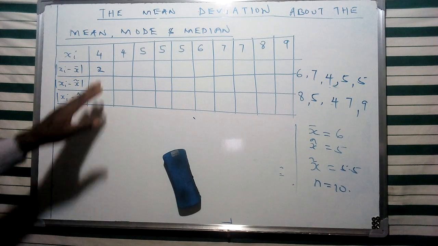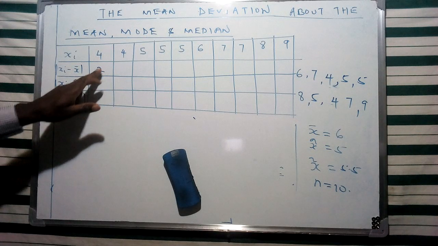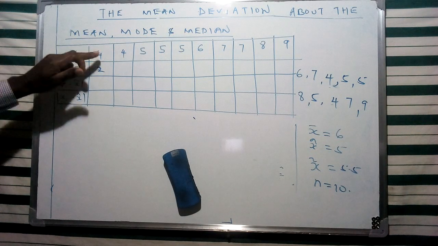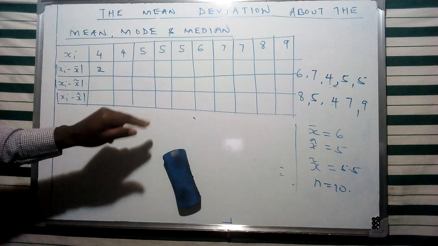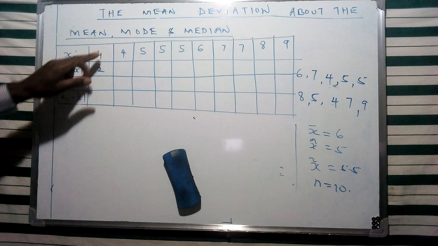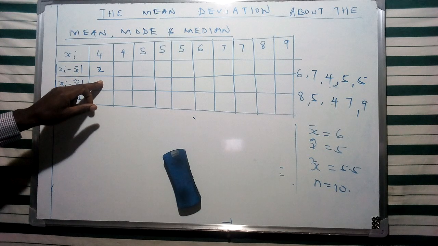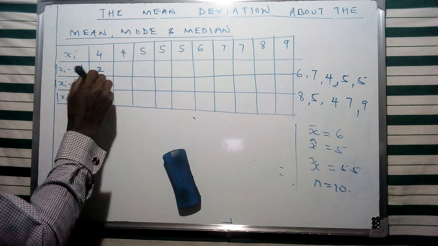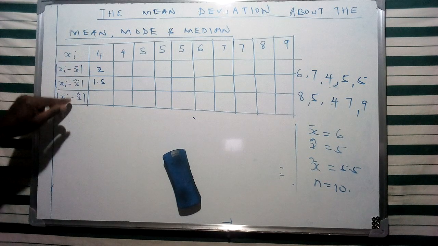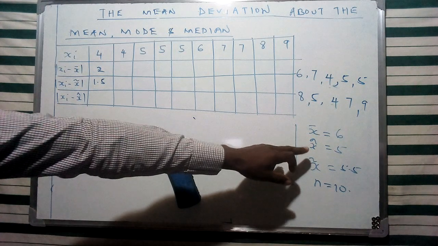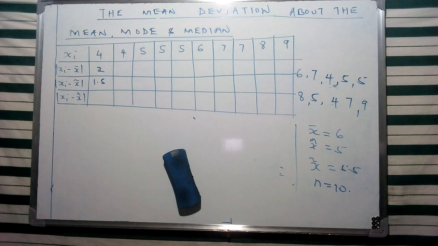So I'm going to fill these tables by finding the difference between the specific value and the mean, and the specific value and the median. So this is going to be 4 minus 5.5, which gives an absolute value of 1.5. And then we shall have 4 minus the mode. 4 minus 5 is equivalent to negative 1, but we shall have an absolute value of positive 1.